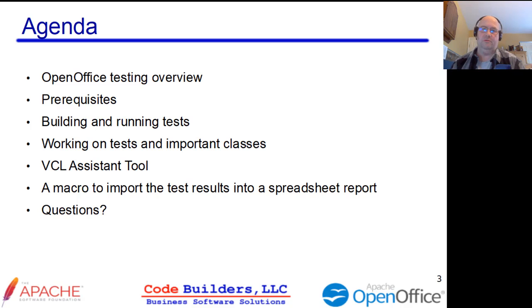Essentially, the variables that you would use to refer to different things like buttons and text fields. And then finally, I'll show you a macro that I created to import the test results, which are normally in XML and also HTML format, into a spreadsheet report. And then if we have time, we'll go through some questions.